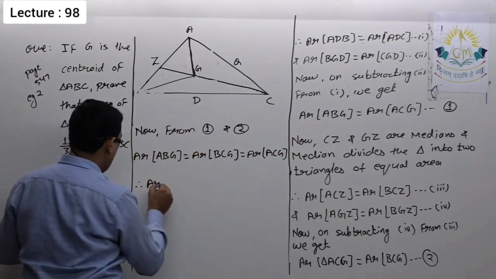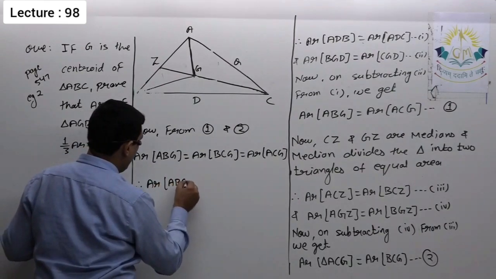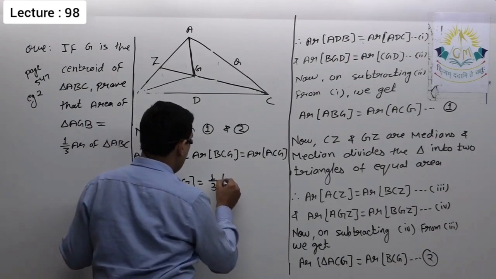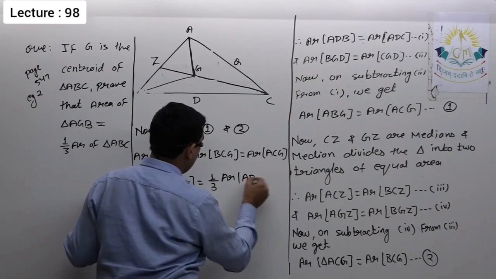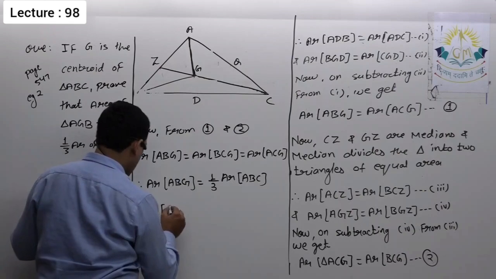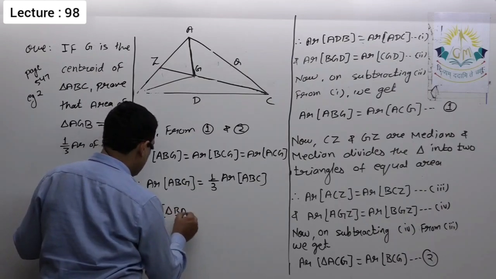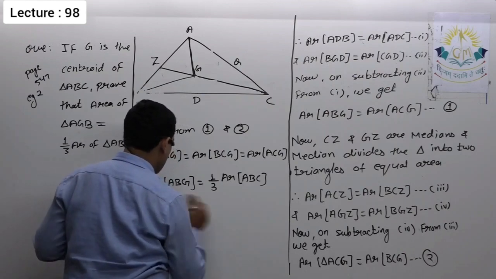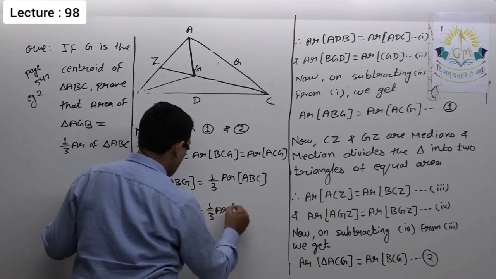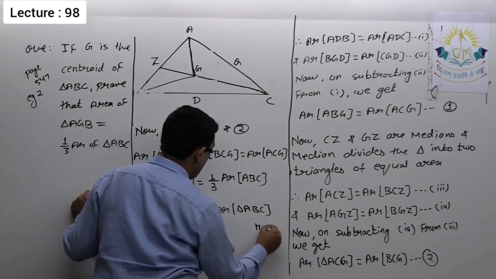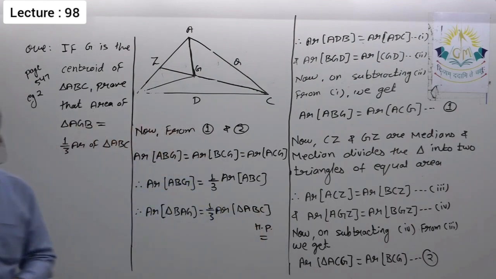Therefore, I can write area ABG is equal to 1/3 of area ABC. Or finally, I write it the way it was given in the question, that area triangle BAG is equal to 1/3 of area triangle ABC. Hence proof. Okay, so please note it down. Then we'll see the next question.